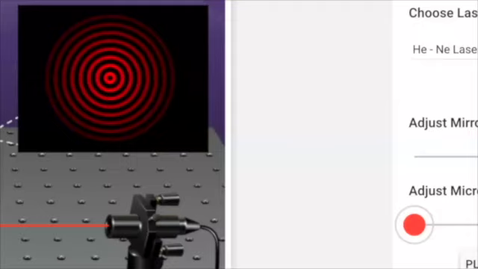Okay. Now let us look at our micrometer reading.